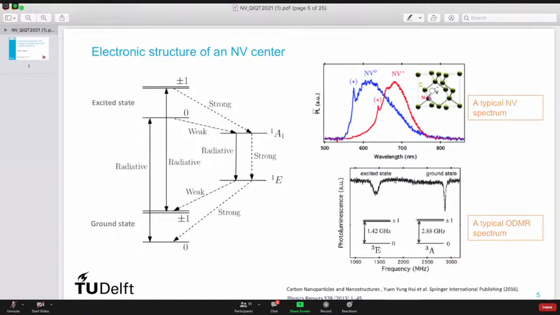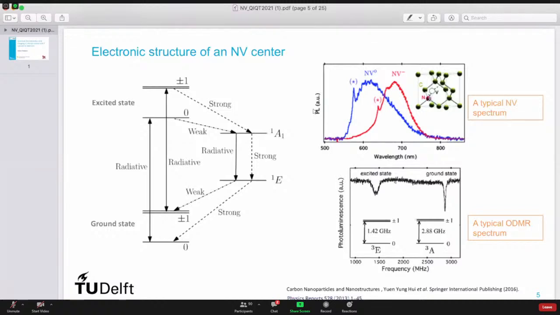Now these are degenerate states. If we apply a magnetic field that lifts the degeneracy of the ms = ±1 state, then instead of one level we have two levels, and those two levels have different energy spacing with the ms = 0 state. So instead of one dip in the fluorescence, if we sweep the microwave frequency, we will see two dips.